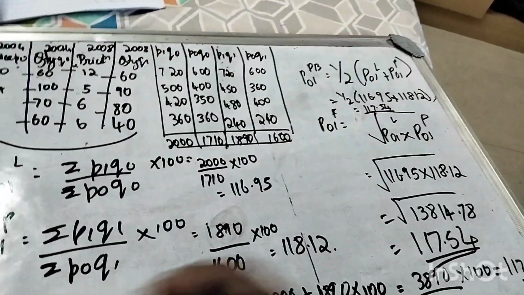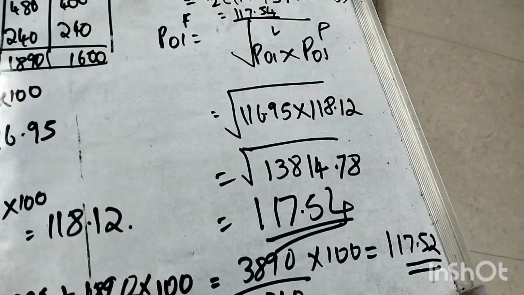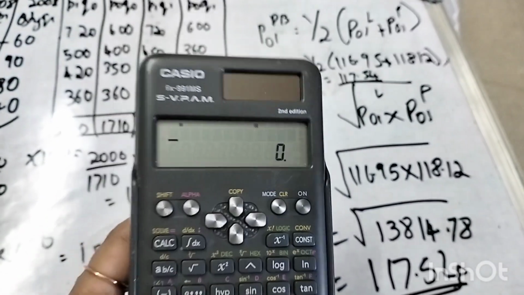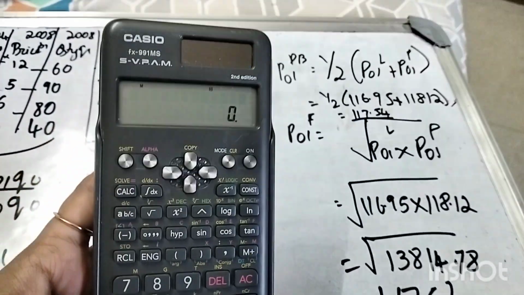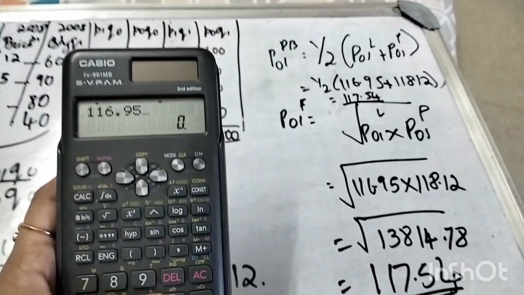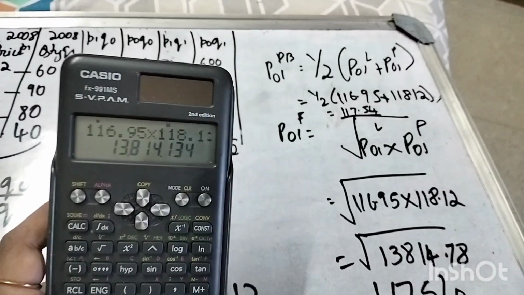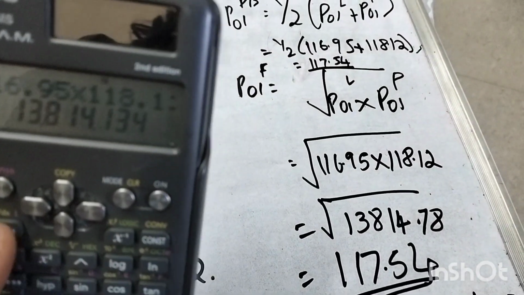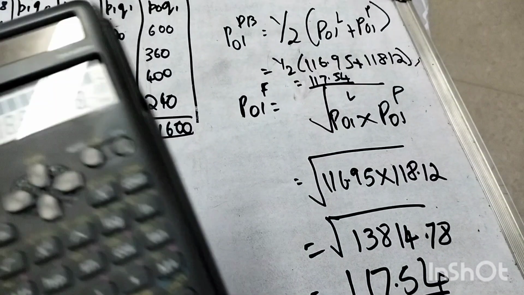Okay, so to do this, the P naught 1 of Fisher's, you first multiply the one that is inside the bracket, inside the square root, 116.95 into 118.12. So you get 13814.78. You square root this.